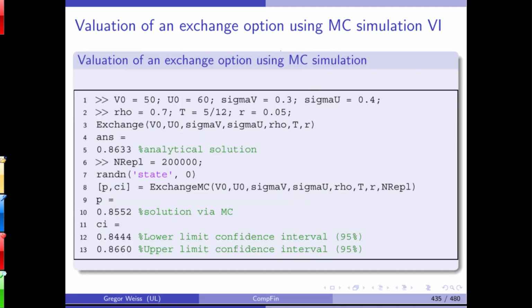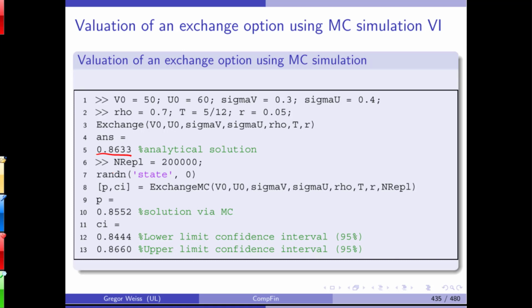So let's do this here. V0, U0, sigma V, sigma U, rho, T, R, and we calculate the Black-Scholes price by using exchange. Result 0.8633.